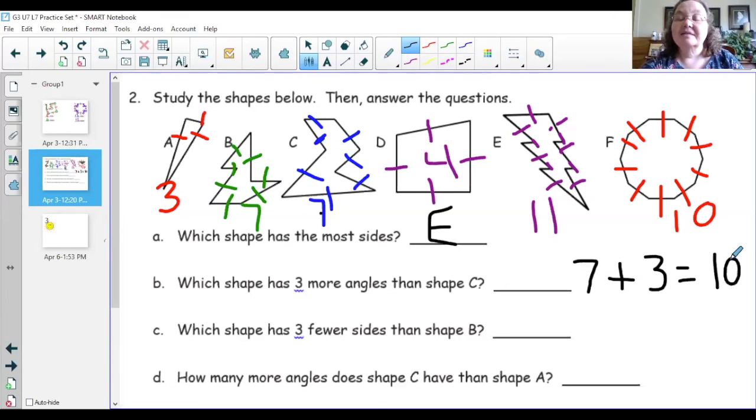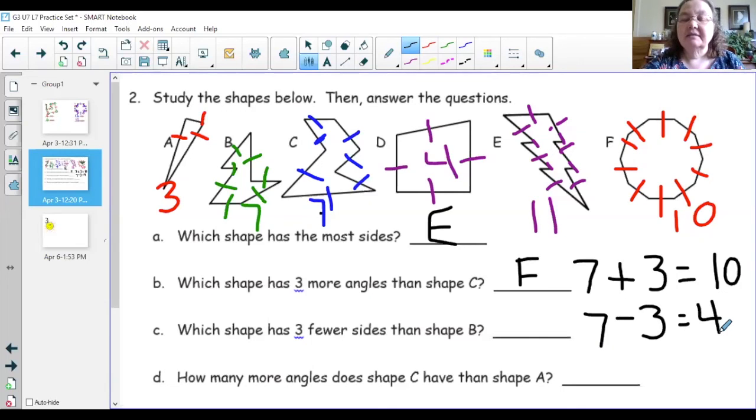Which shape has 10 angles in it? F. C. Which shape has 3 fewer sides than shape B? Well, shape B has 7. And if I said fewer, that means it has to be smaller. So it's 3 fewer, or 7 minus 3. And that would be 4. Wonderful. And so which one has 4 sides on it? D.